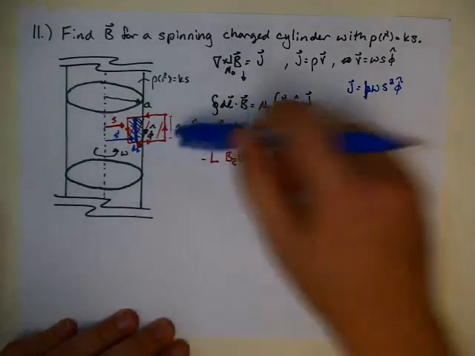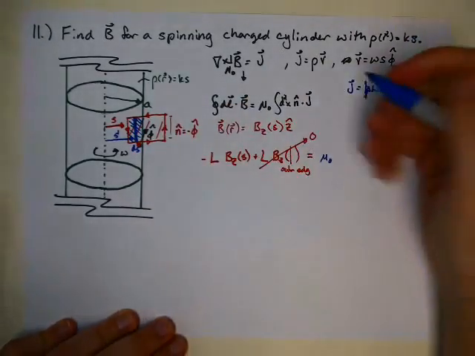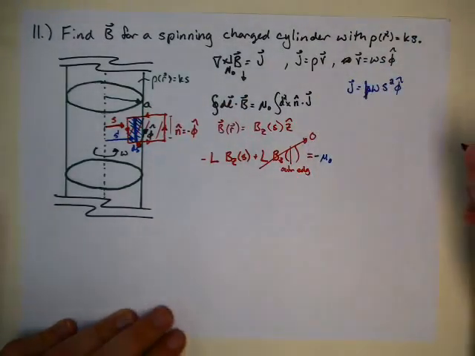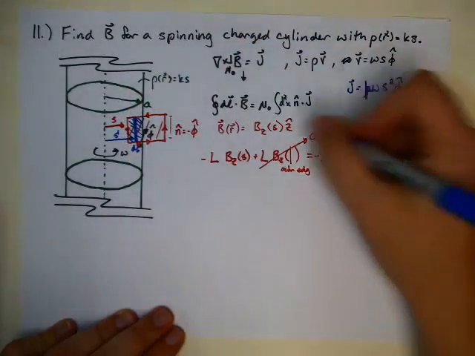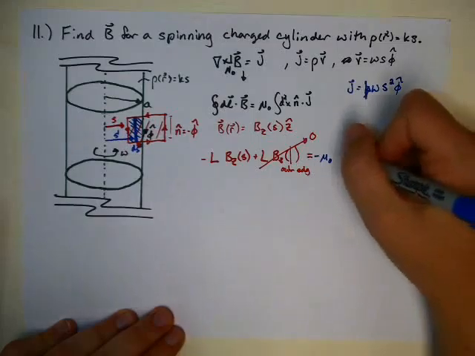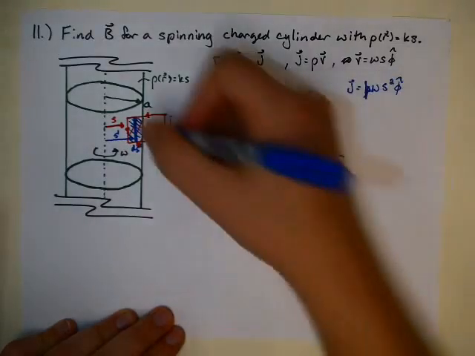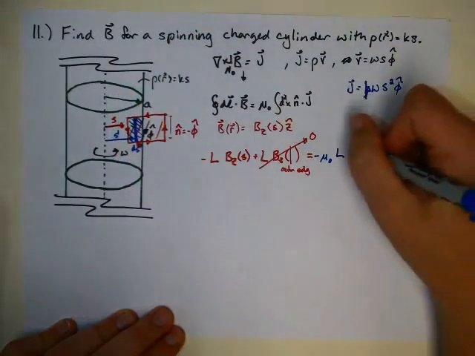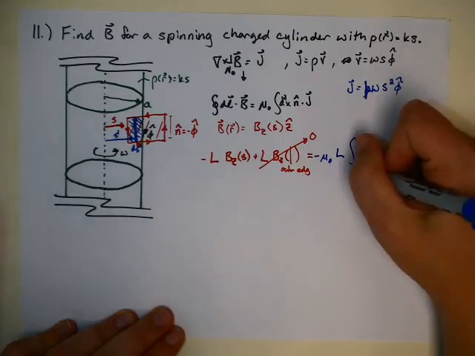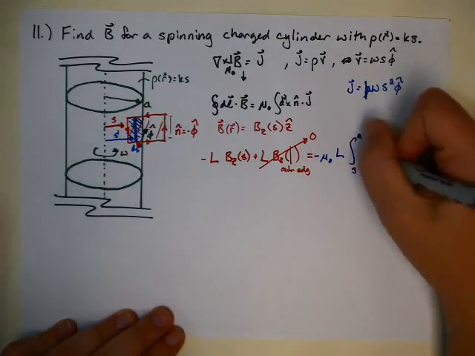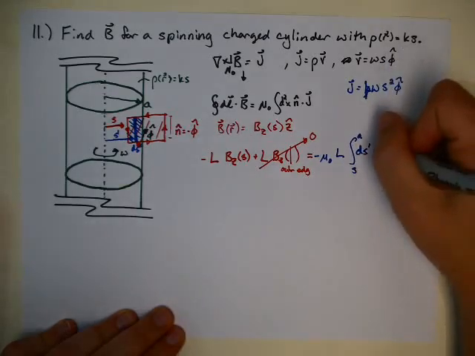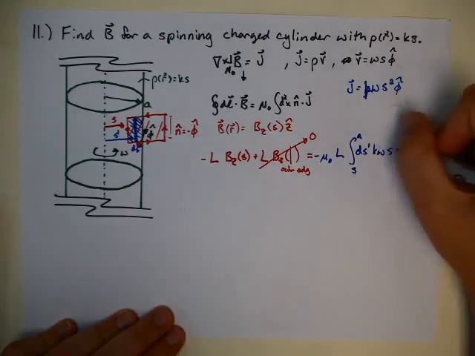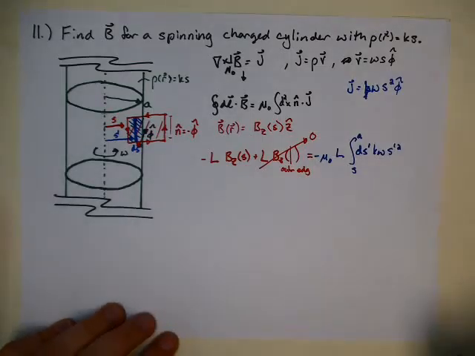The n hat is a minus phi hat, so minus phi hat dot phi hat, I'm going to get a minus sign, so I put a minus sign there. Then I have to integrate over the volume. The volume is going to have this distance L in it, or the area, so it has the distance L. And then I have to integrate from s to a ds prime of this k omega s prime squared.